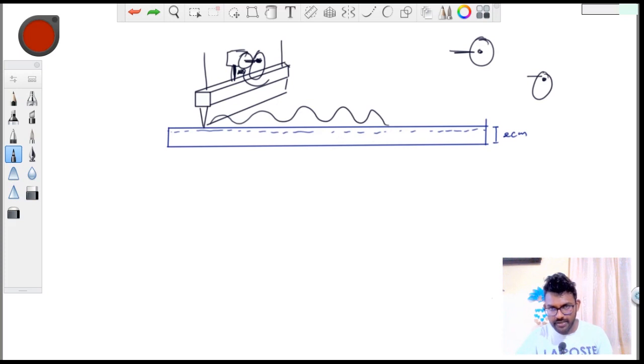For that, we can place a glass slab at a certain region. When you have a glass slab, this has a depth of h1, and the water has a depth of h2. So V is equal to root gh.